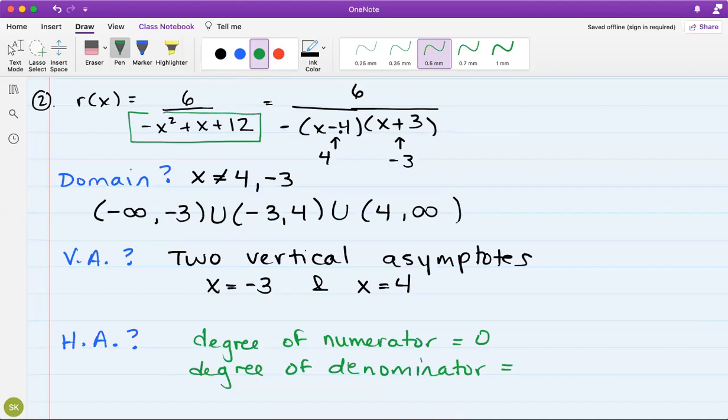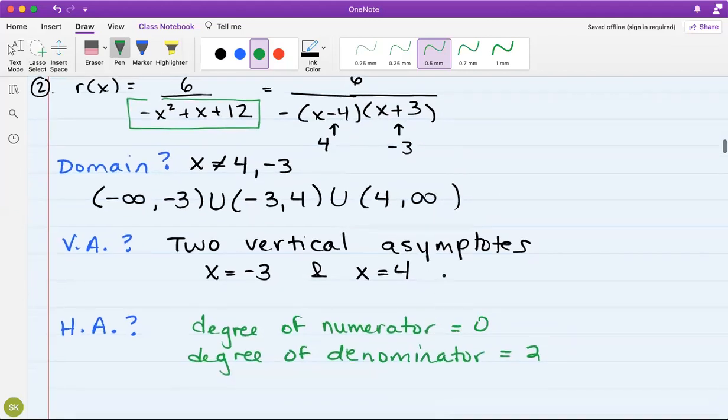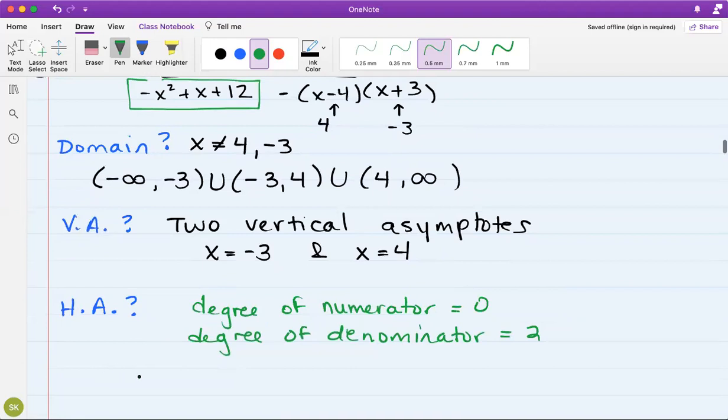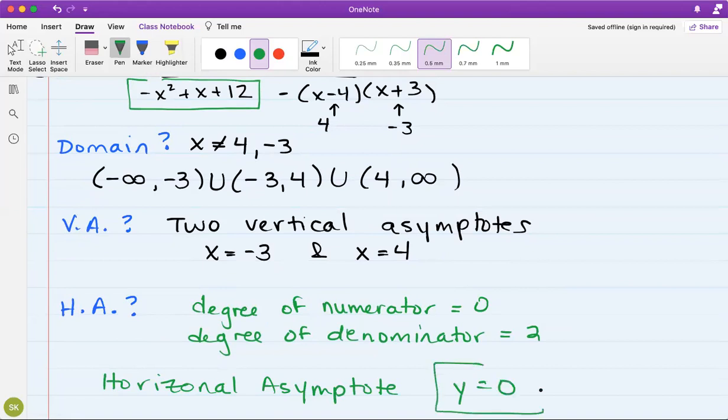You could look at this one as well if you expanded it. You can see that this degree is 2, and that the degree of the denominator is greater than the degree of the numerator. Because of that, we're going to have a horizontal asymptote at y is equal to 0.